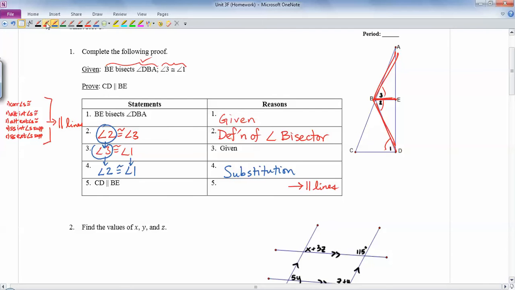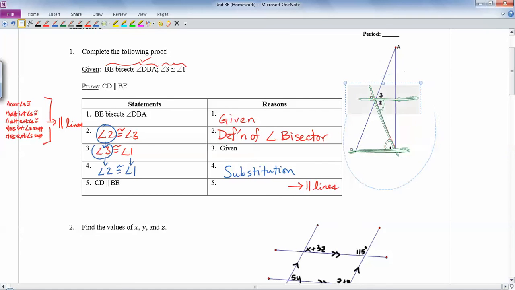So now let's look at angles 2 and 1. Angle 2 is formed by this line and this line. So that's what forms angle 2. Angle 1 is formed by BD and CD. There's angle 1.